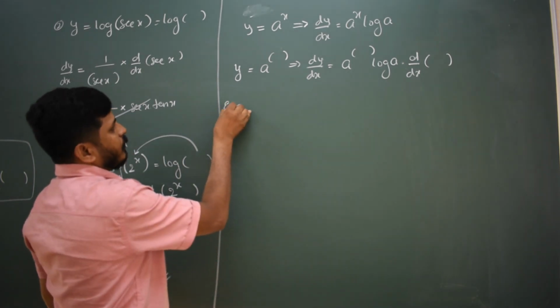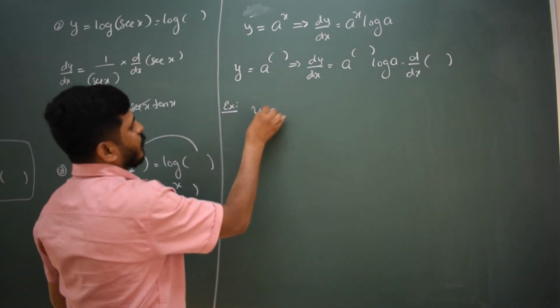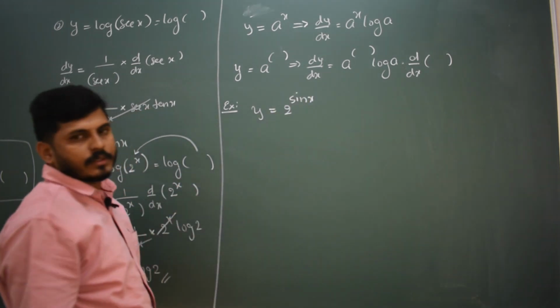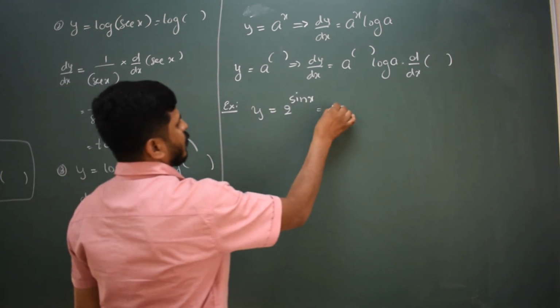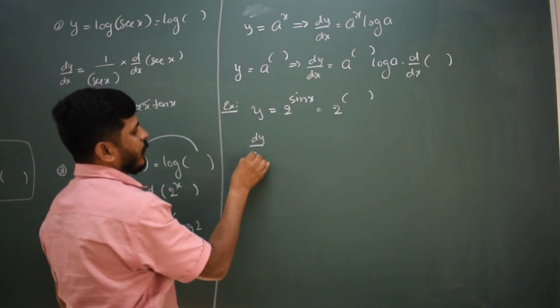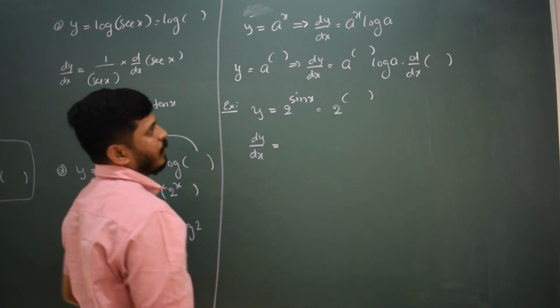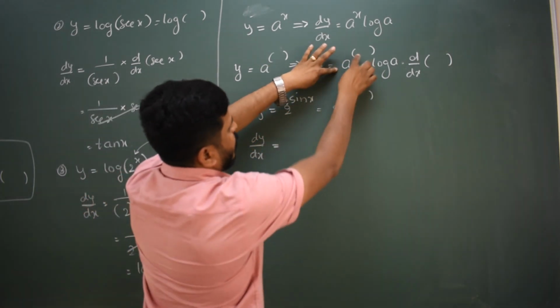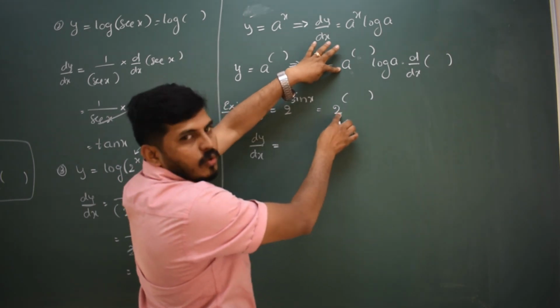Say for example, y is equal to say 2 raised to sin x. How to differentiate this? Read it as 2 raised to something. See carefully and apply the formula. dy by dx is equal to, what is a raised to something differentiation? A raised to something, in the place of a I have 2.